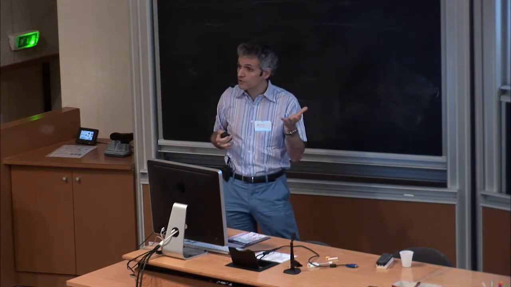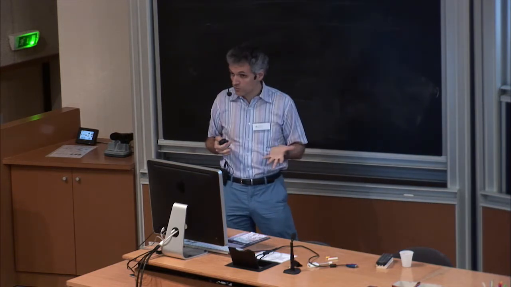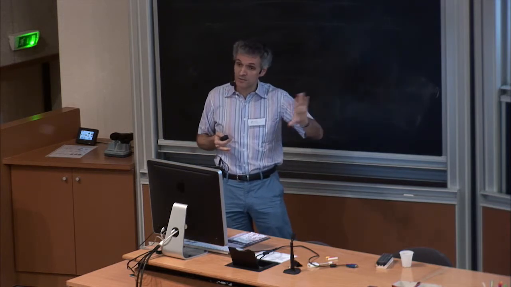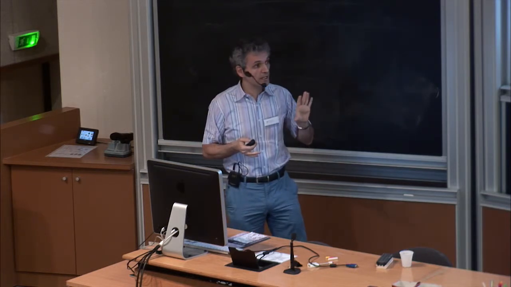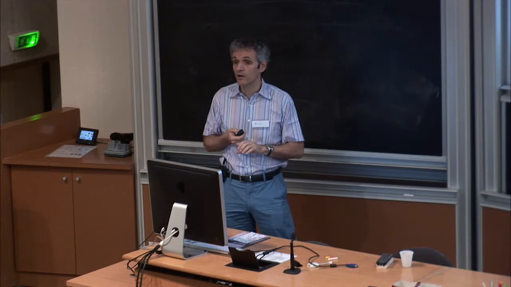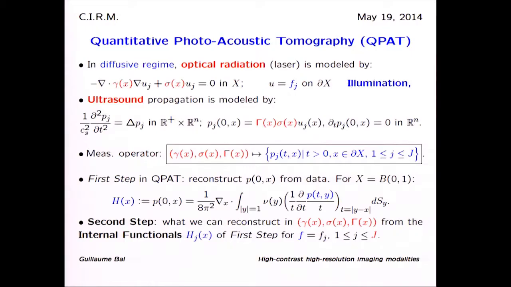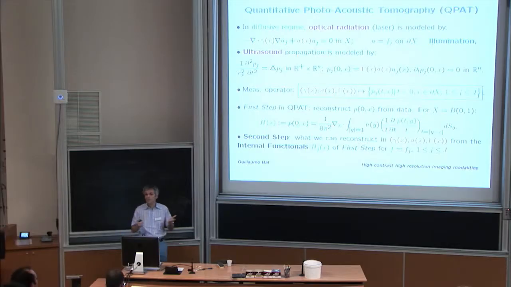And there's a new constraint that comes from us solving a first problem, which we assume is done well, and there can be some difficulties with this. But I will assume for the rest of the talk that the first part has been solved. The high resolution modality has been solved one way or another. And what comes out of this solution is an internal functional of the parameters we're interested in, big Gamma and little sigma, and also a functional of the solution of the PDE that we also don't know.